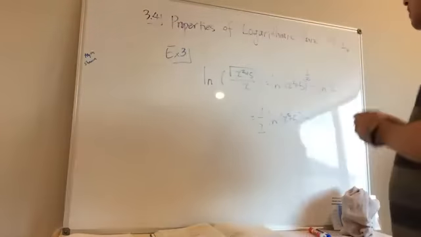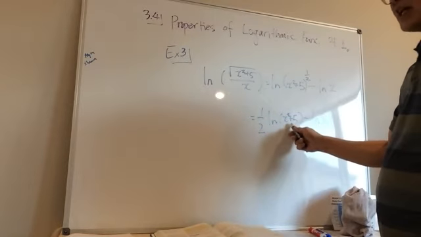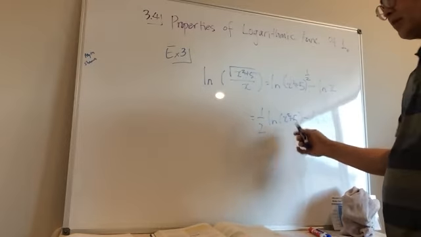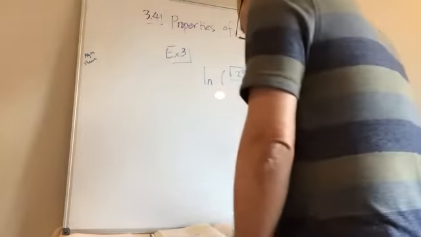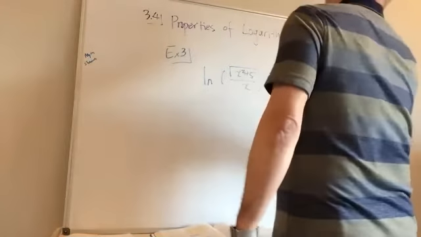Trick question, you can't change it, because it's a plus. If it was a multiplication, we could change it, but it's a plus, so you can't do anything with this. You're done, really. Okay, so that's that. Example number 4.